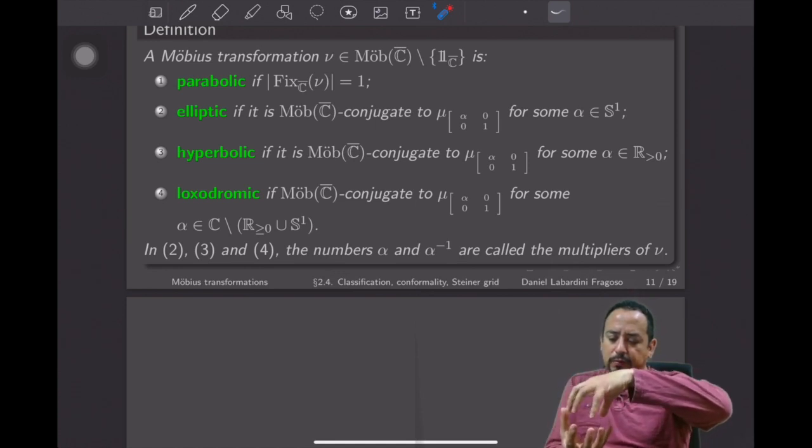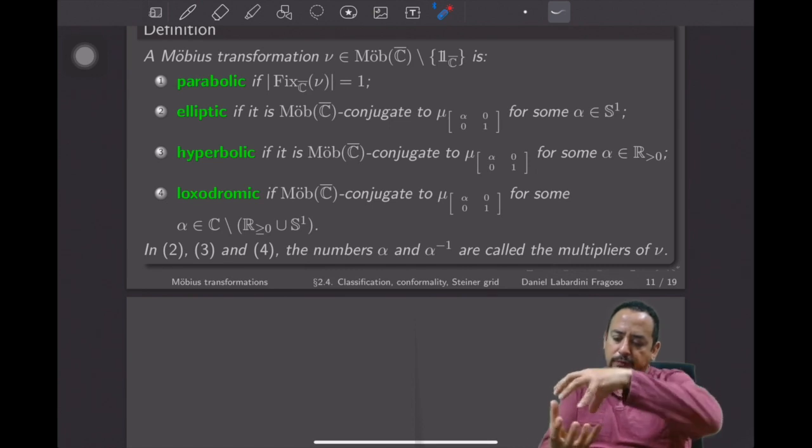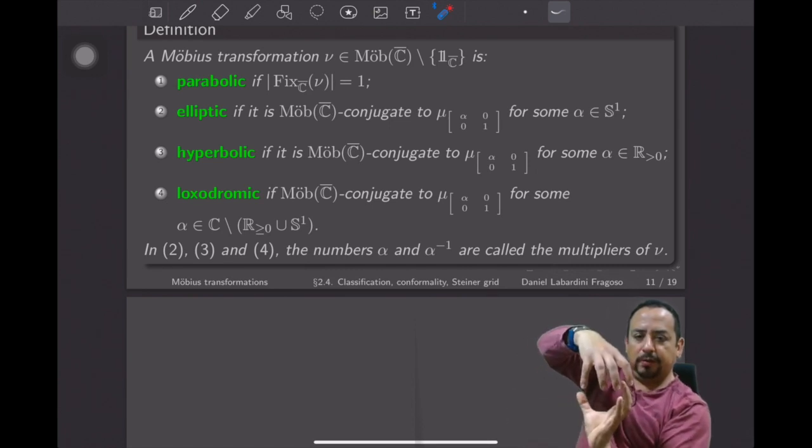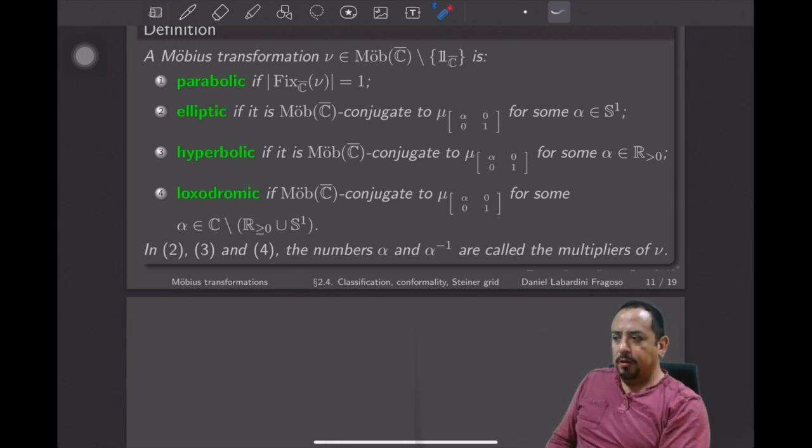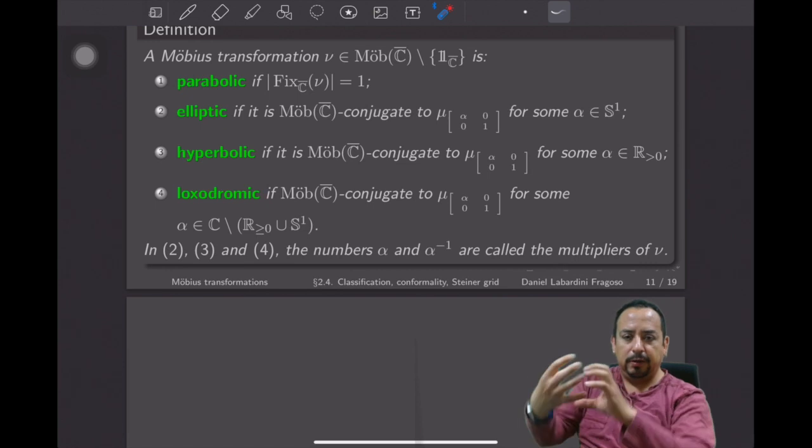If you look at the unit sphere, that corresponds to really a multiplication by alpha. Somehow, instead of looking at it this way, we look at it that way, because recall that z goes to 1 over z is a rotation of 180 degrees, right?